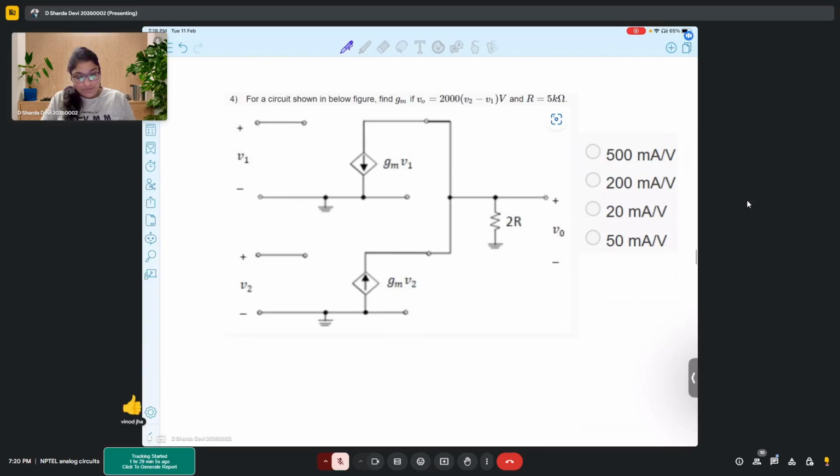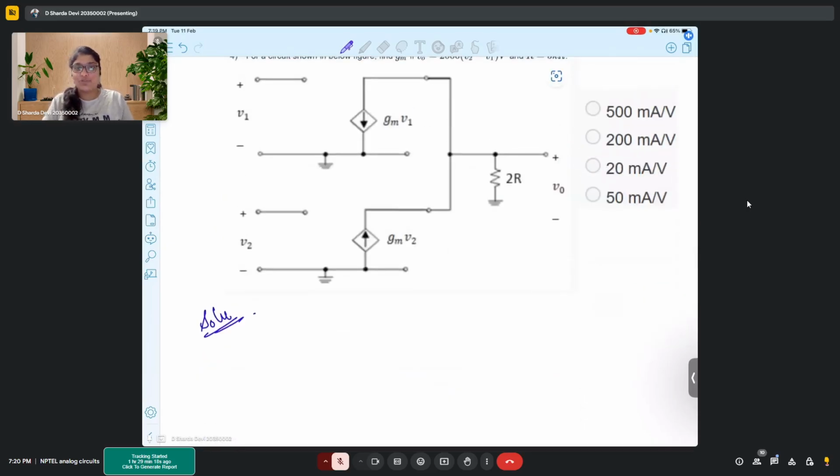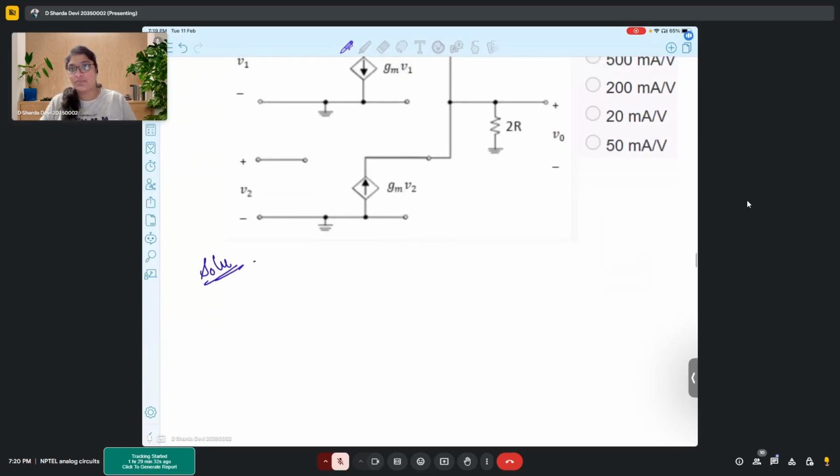So let's move on to the next problem. First of all, do you understand what is being given? Like what is this diagram showing? Does anyone know what this diagram is? MOSFET small signal analysis. Yes, this is MOSFET small signal analysis. We call this a small signal model.